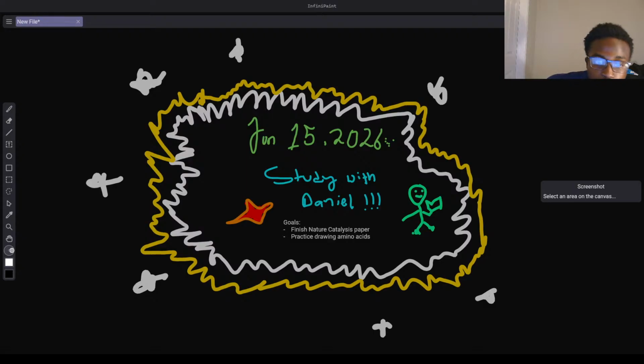Where the fourth one, carbon-carbon bond involving substrates. So to put that in perspective, right?